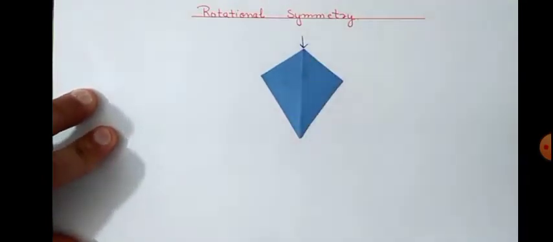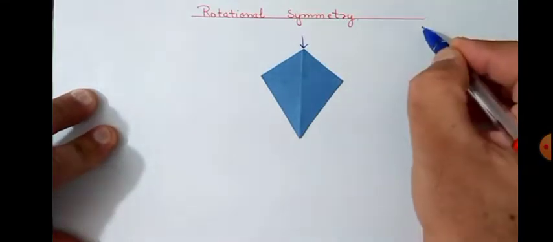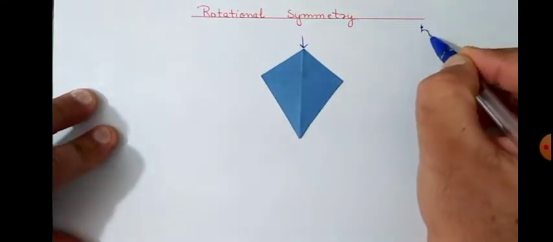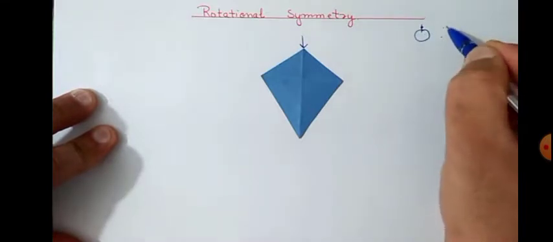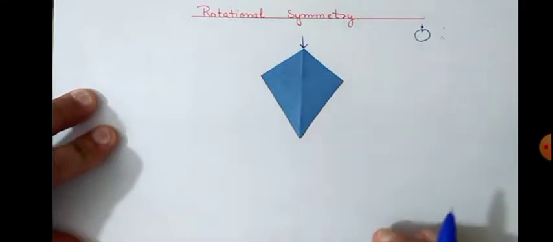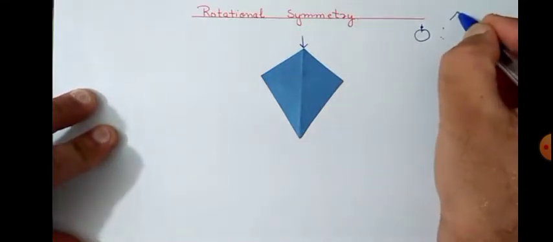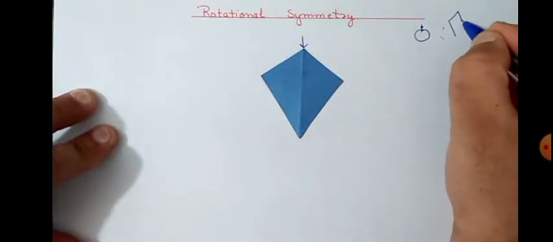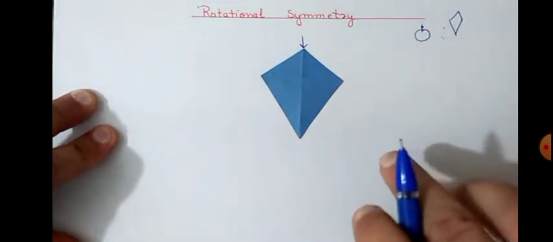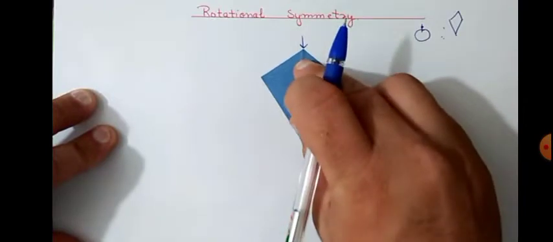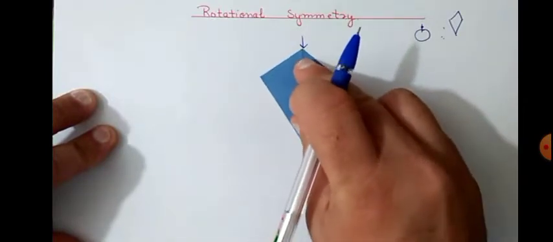See, this is your original position. One round means 360 degrees. After rotating 360 degrees, or one rotation, how many times will it get the same figure? Do you understand now? Clockwise, as the round of a watch.